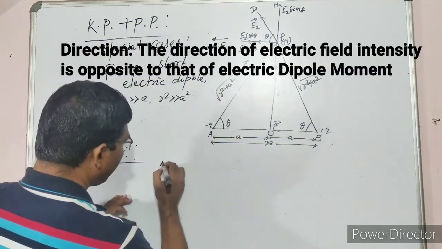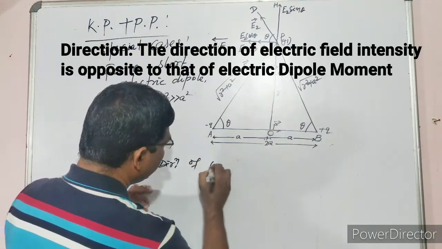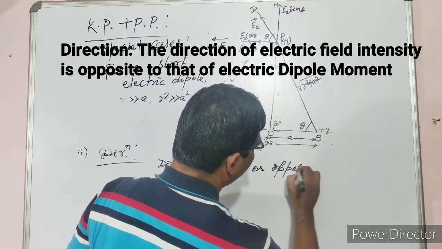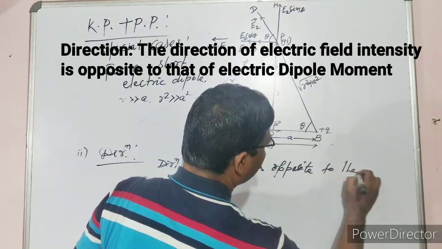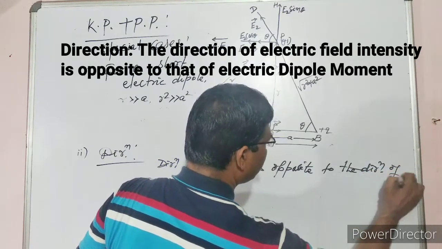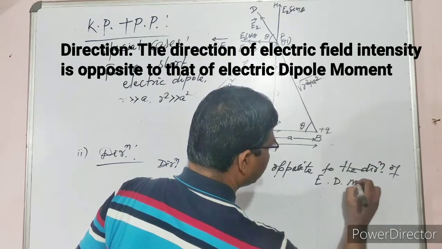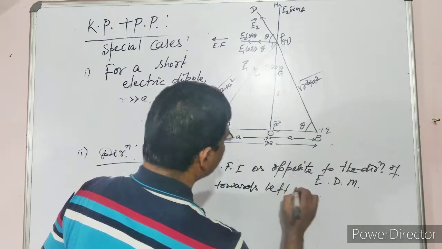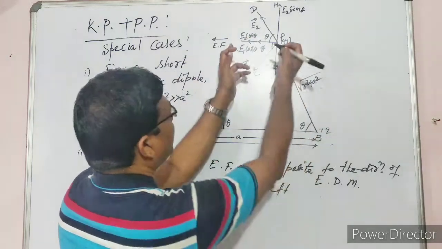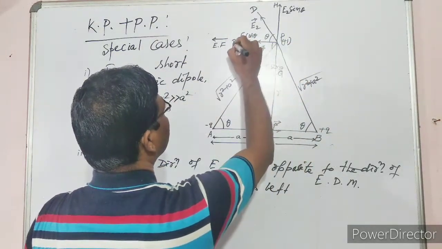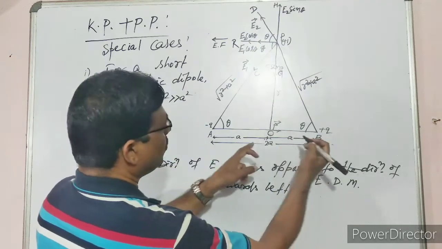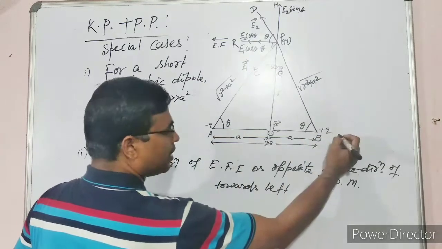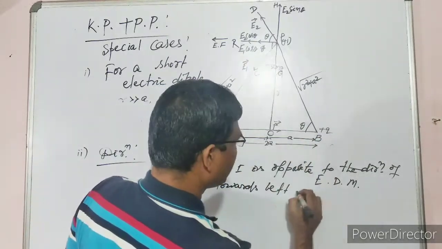So the direction of electric field intensity is opposite to the direction of electric dipole moment, that means towards left. So both the vectors are antiparallel. That means suppose you take P parallel to BA, this is this direction, and the electric field is this direction, towards A. So this one is antiparallel.